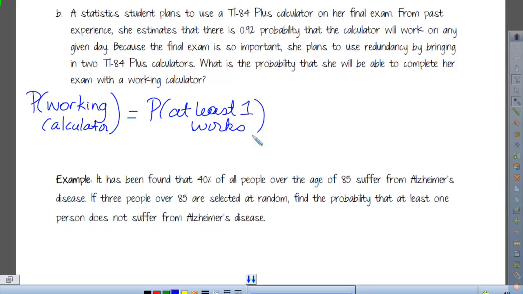Same thing here. If we talked about at least one working, that would be the probability that the first one works, but the second one doesn't, plus the second one works, and the first one doesn't, or they both work, right? Instead, we're just going to use the complement rule and say 1 minus the probability of what? 0 working.